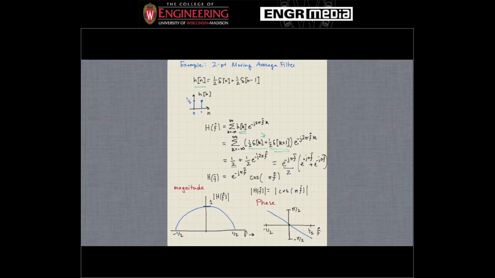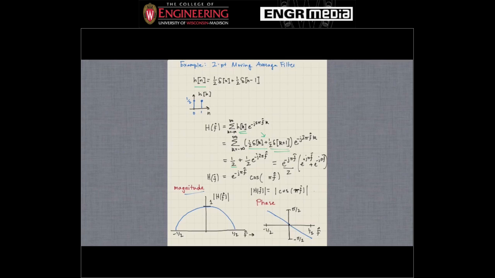And that's exactly what I'm plotting in this magnitude plot here, over the range of digital frequencies of minus 1/2 to 1/2 cycles per sample: the absolute value of cosine of pi f. Let me make this a little more explicit. This is a pi, not an n.